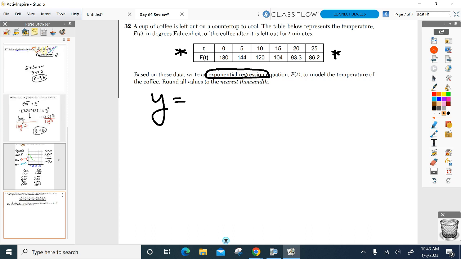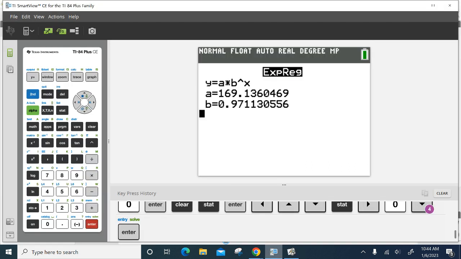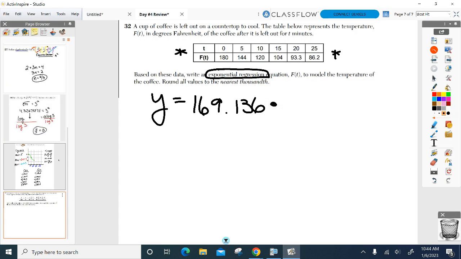Easy, another way to get an easy point off because you don't know how to round yet. 169.136. What's it say next? A value times. So let's make sure we put our times. Don't make it look like a decimal. Your B value, also rounded to the nearest thousandth. 0.971.